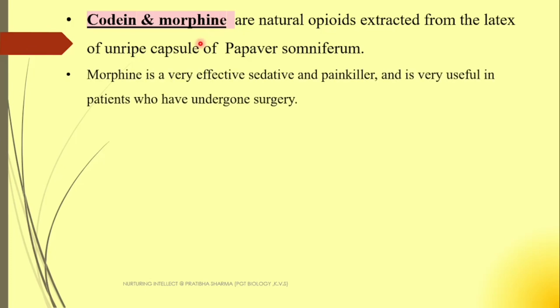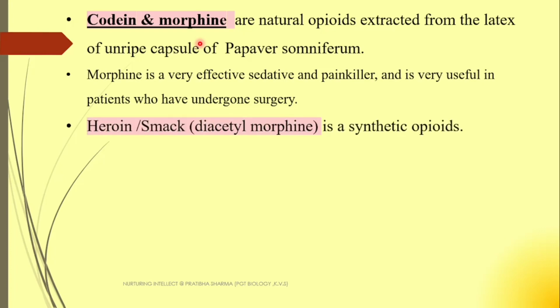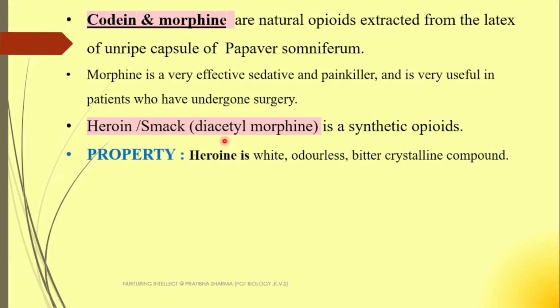When acetylation of morphine is done, we obtain a synthetic opioid known as heroin or smack. It is also known as diacetyl morphine, which is highly addictive. Heroin is a white, colorless, bitter, crystalline compound.